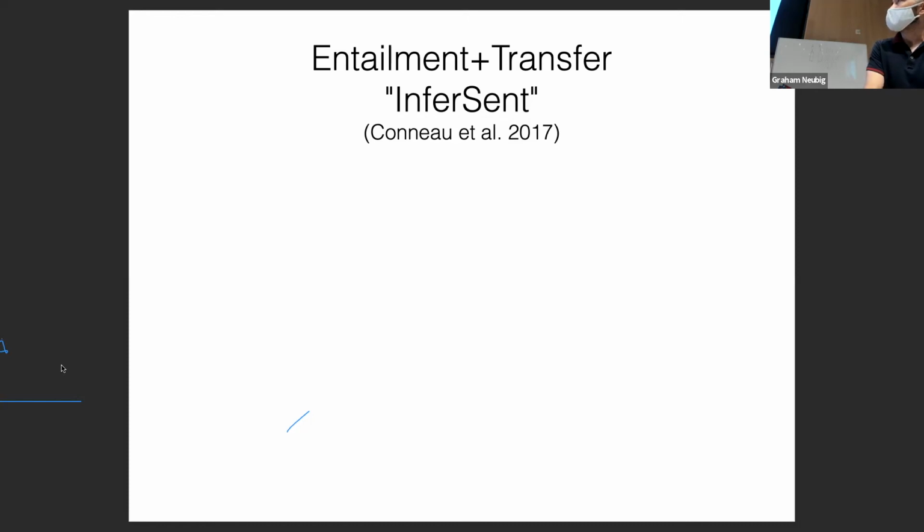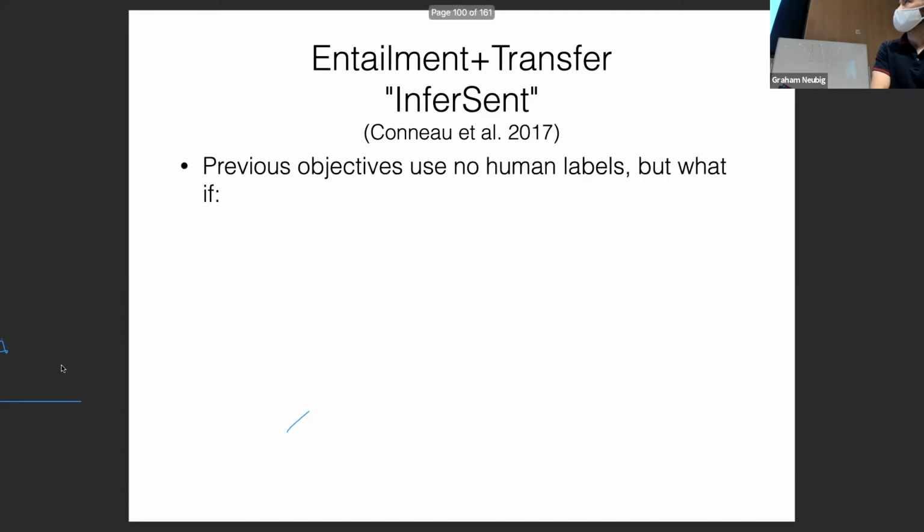Okay. Another thing that is rather interesting and still useful nowadays is entailment plus transfer. And basically the idea is, as I mentioned at the very beginning of class, one of the big advantages of multitask learning is that it gives you the ability to use a lot of unlabeled data to train models. However, one disadvantage of any learning algorithm that is based entirely on raw text is some phenomena are very important, but extremely rare in raw text.